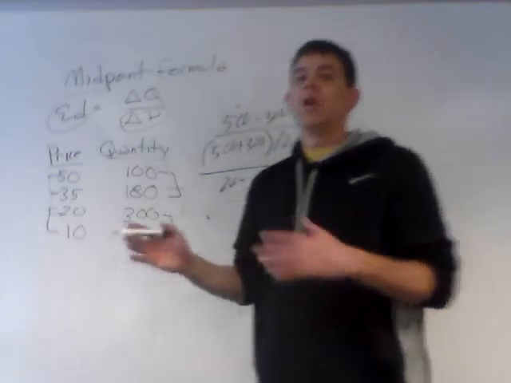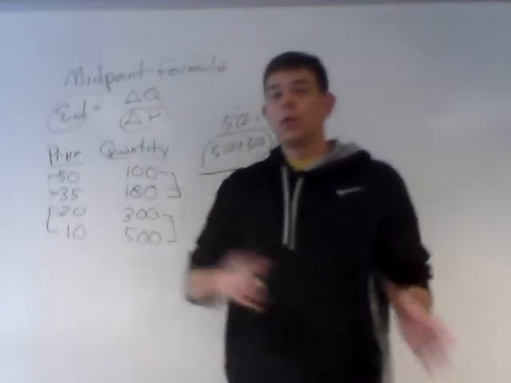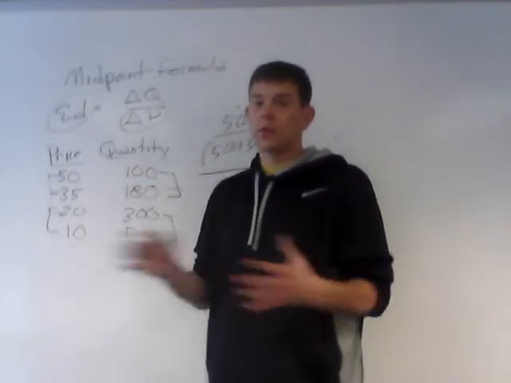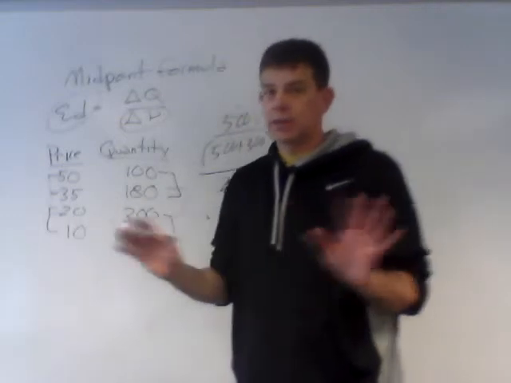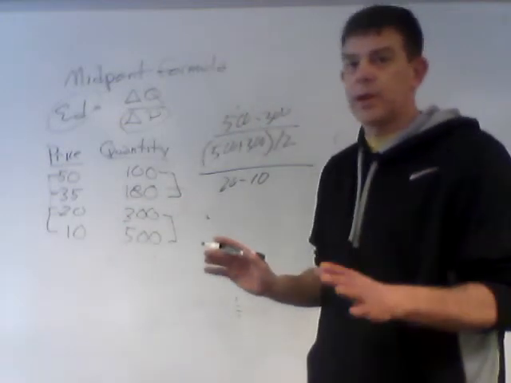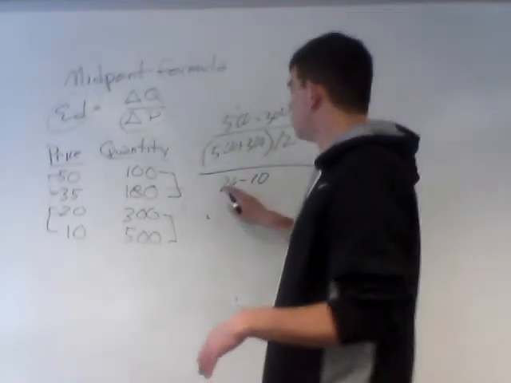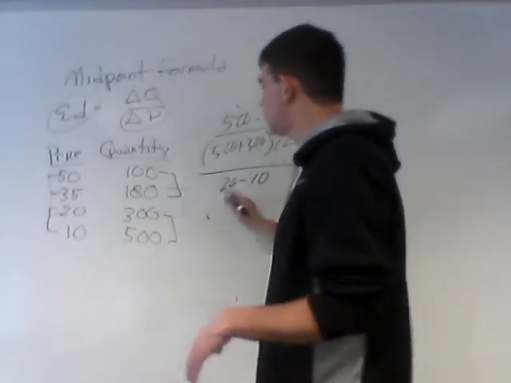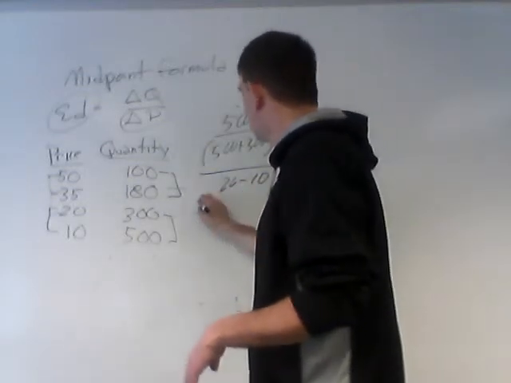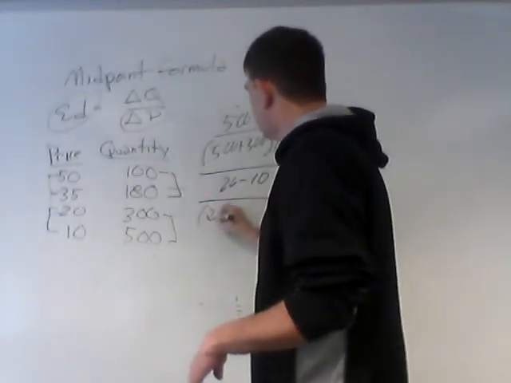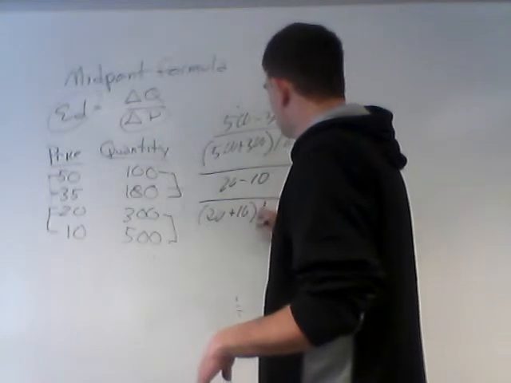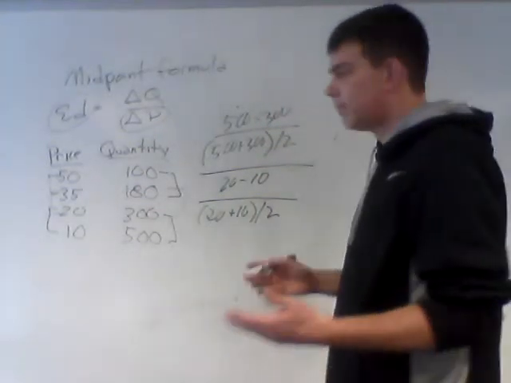Okay? I just want to know whether it is 1 or less than 1 to determine whether demand is elastic or inelastic. So the negative sign is not something we need to care about at this point in time. So 20 to 10, that's the change in price, over 20 plus 10 divided by 2. Okay?